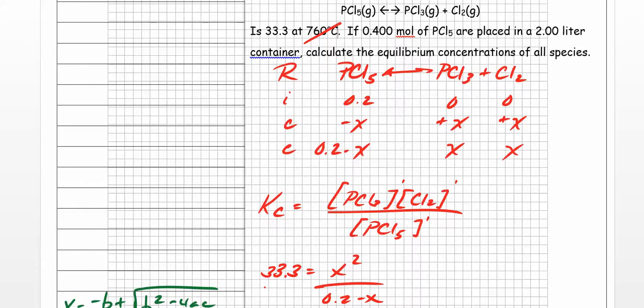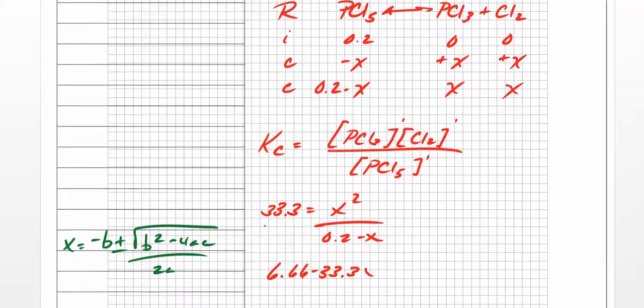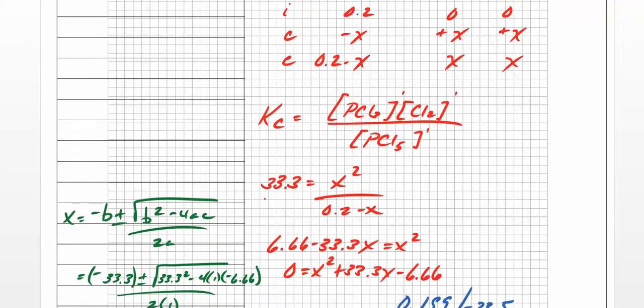And we have been told that the Kc for this expression is 33.3. So let me plug that in. From the equilibrium line, I know that the concentrations of the PCl3 and the Cl2 are both x, right? So I'll just say x times x, x squared, over PCl5's concentration, which is 0.2 minus x. That'll go on the bottom.